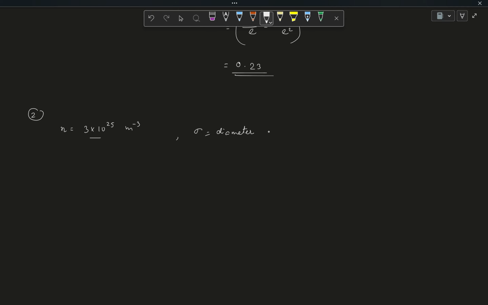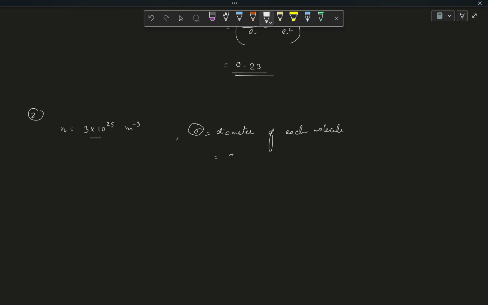Whenever you are given diameter, you can directly use it as sigma in the formula. But when it is given as radius, you have to multiply by 2 to make it diameter, because in the mean free path formula everywhere there is diameter sigma and not the radius. So be very, very careful about this. Each molecule is identical in a particular gas, so the diameter will be the same.